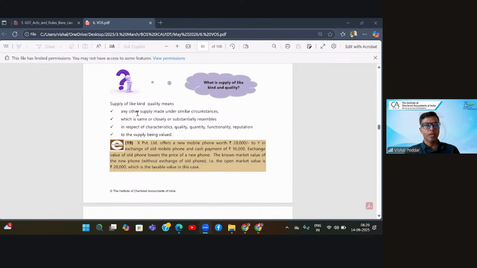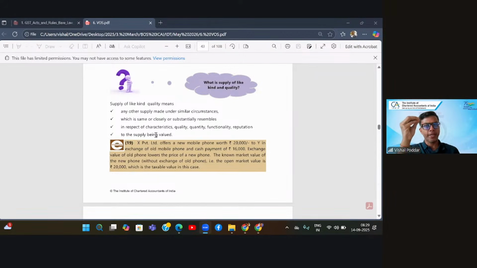It means any other supply made under similar circumstances which is same or closely or substantially resembles in characteristic, quality etc. to the supply being valued. And that is why I asked this question, whether we are valuing CA service or we are valuing lawyer service. Our purpose of valuation is finding out value of my service, that is the return filing which I have done. For this, in return, you have given me your lawyer service.